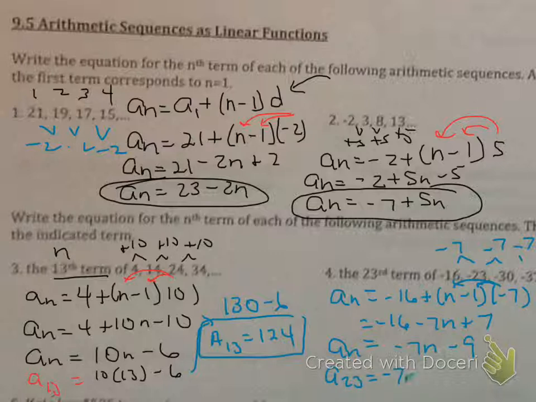So negative 7 to the 23rd number, and then minus 9. So all I have to do is multiply negative 7 times 23, and I'm going to erase this part so we can finish it over here.